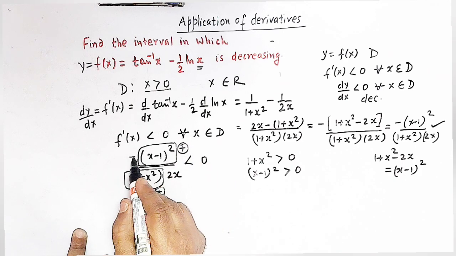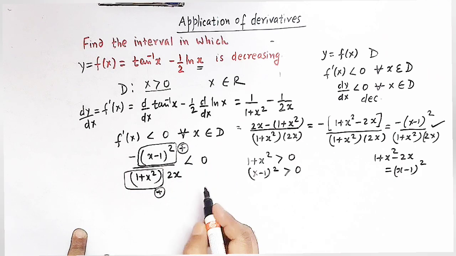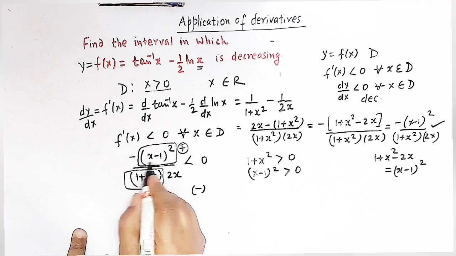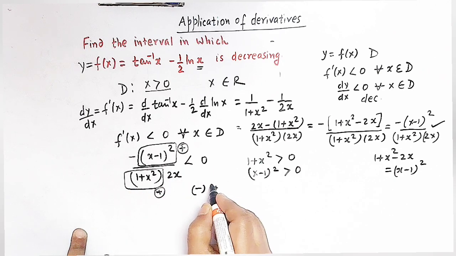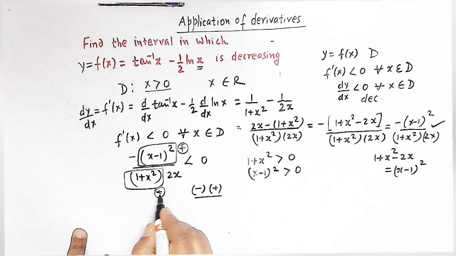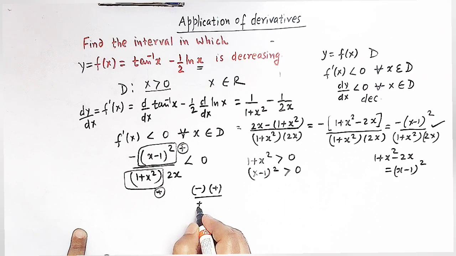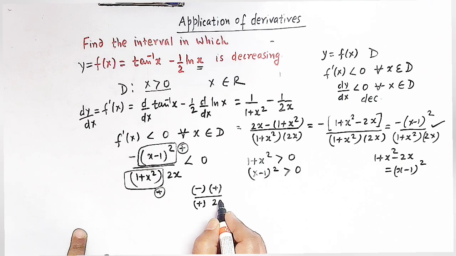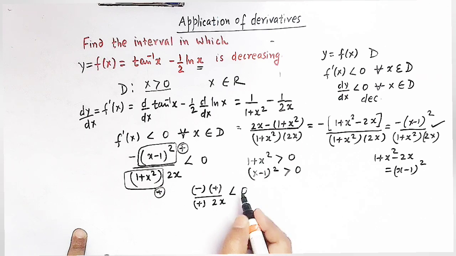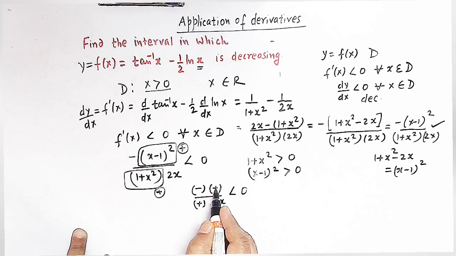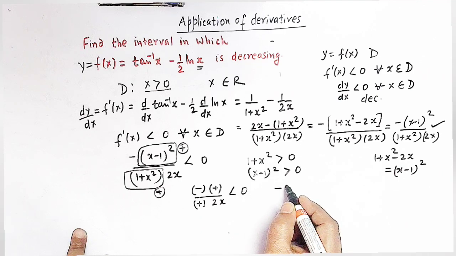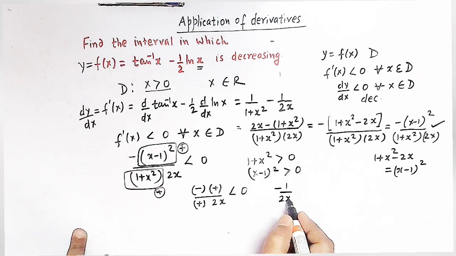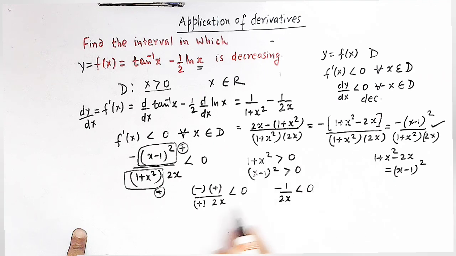So now from this inequality, we have the negative sign, and here we have a positive quantity, and in the denominator we have here positive, and this is 2x, right? And this is less than 0. So here minus times plus is minus, so we have minus 1 over 2x less than 0, right?